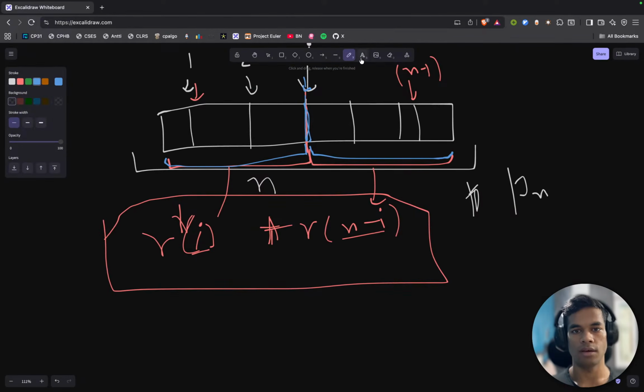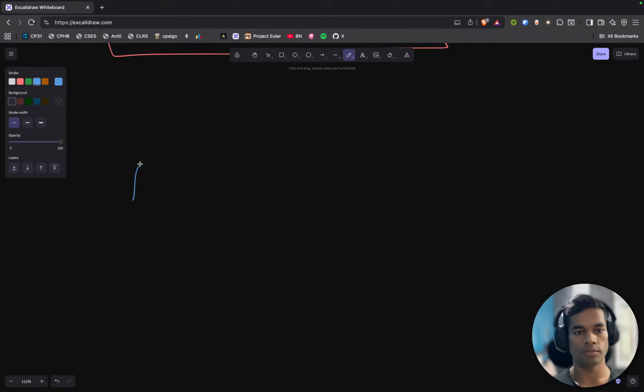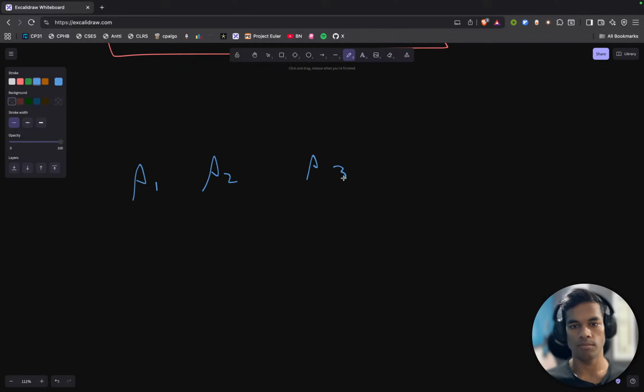And in the matrix chain multiplication question also, we had a bunch of matrices. And we were saying, let's multiply matrices on this side and on this side. What would be the number of scalar multiplications on this side?